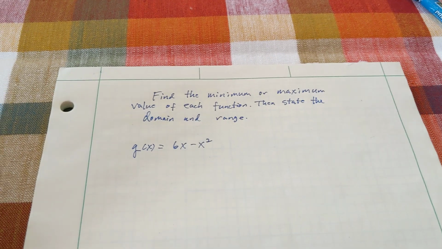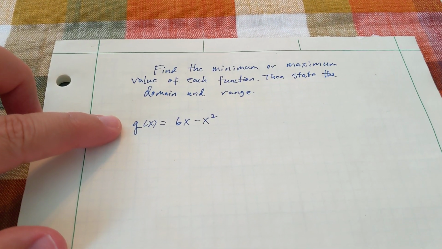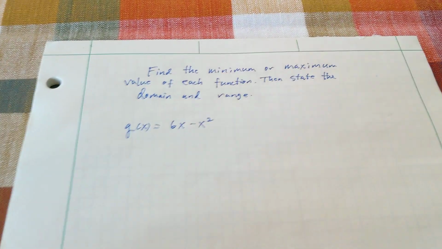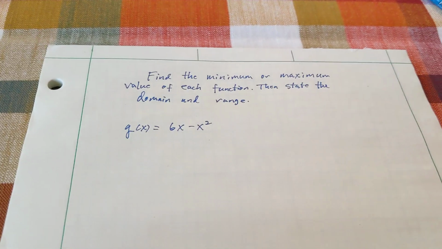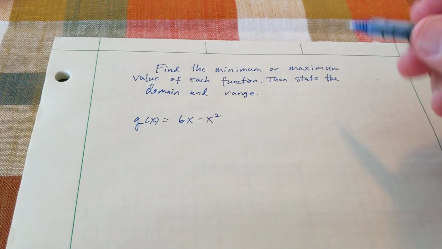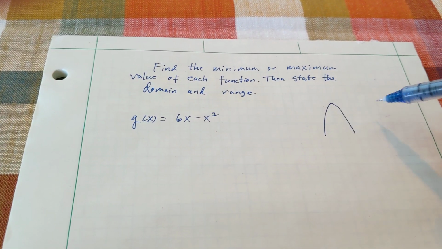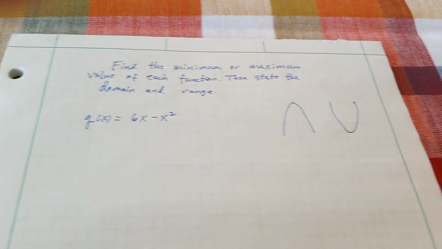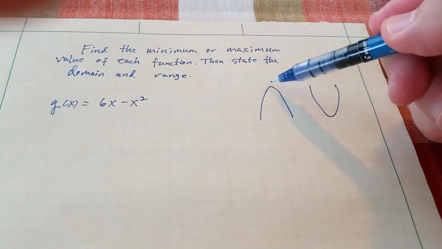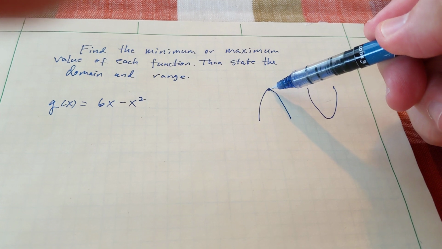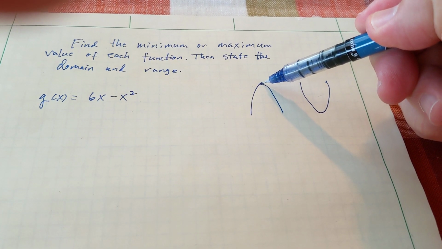Because quadratics graph to be parabolas, they're either going to look like a frowny face or a smiley face. So the vertex is where the min or the max is going to occur.